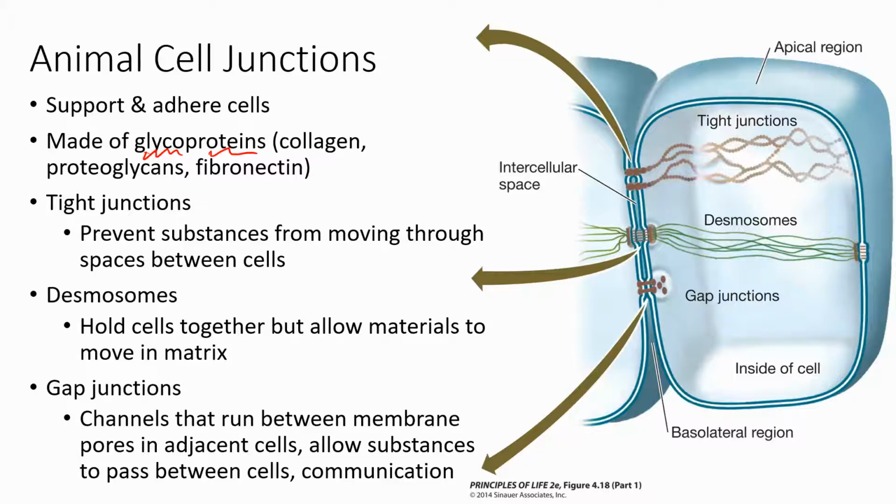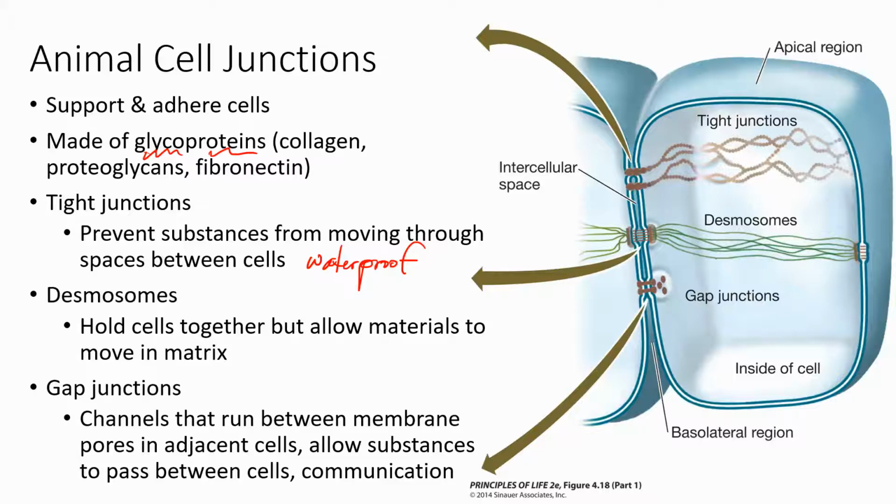They form these connections between cells that will not let stuff pass through. So you're going to have tight junctions between cells when you want to have some sort of waterproof barrier. So for example, lining your intestines, lining your skin.